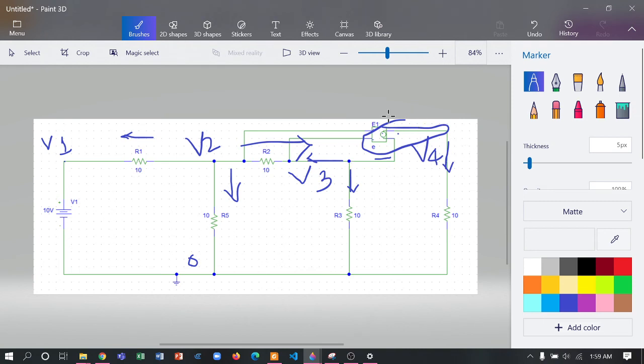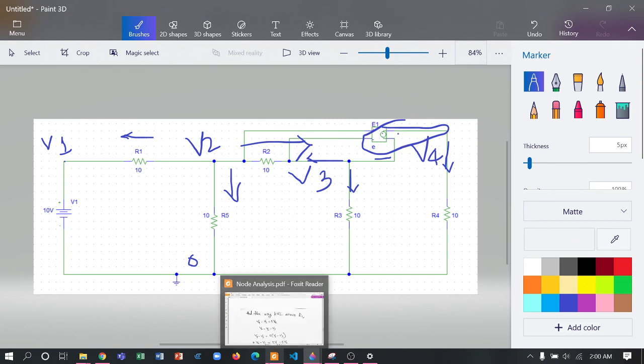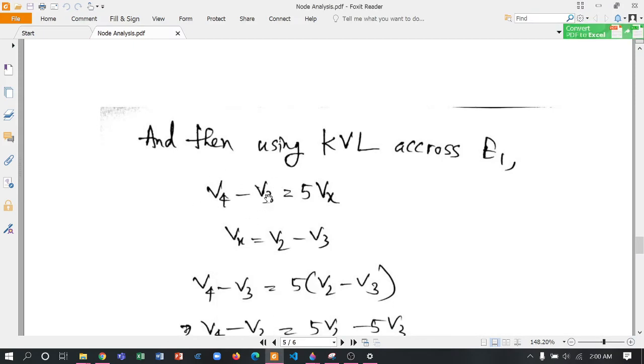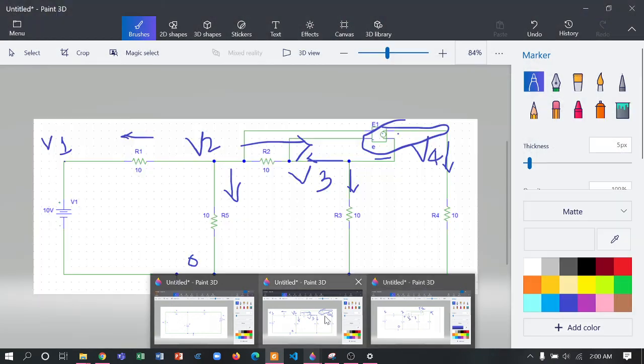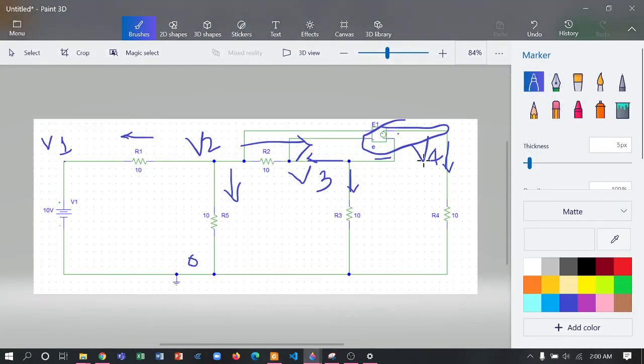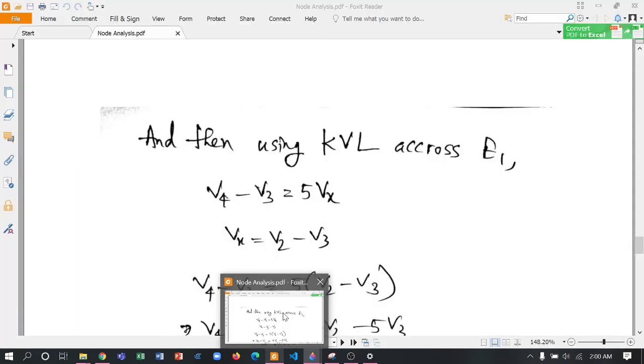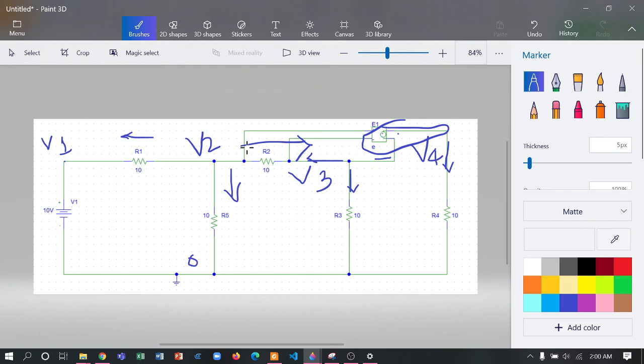So V4 minus V3 is equal to this voltage source value. So we can say that V4 - V3 is equal to 5Vx. The gain of this voltage source was 5, so it is 5Vx. Vx means our voltage of this.